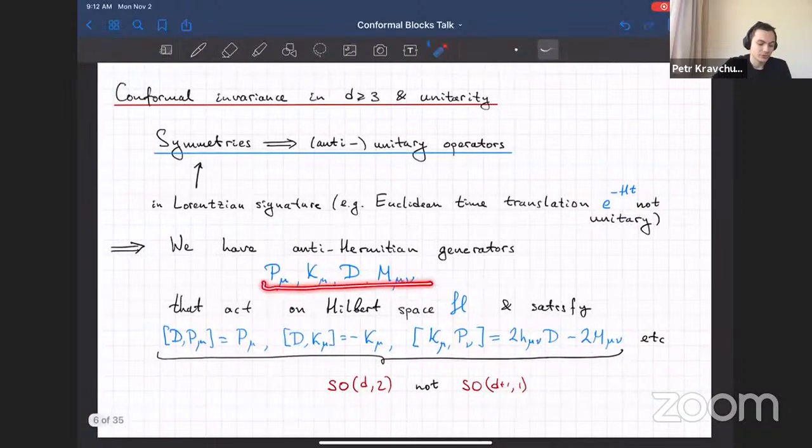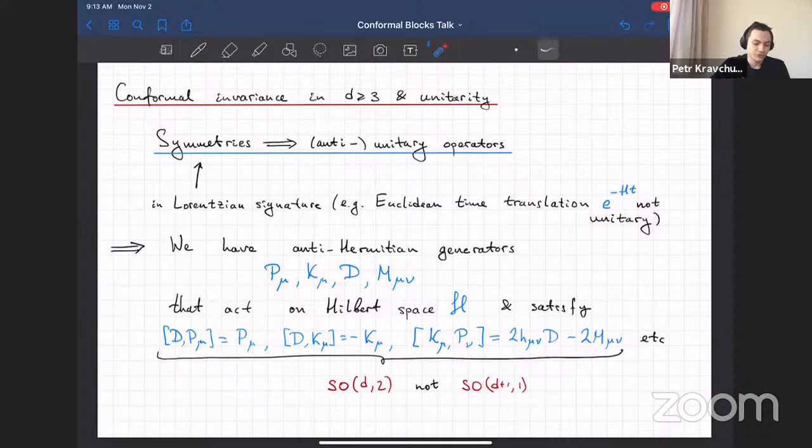These anti-Hermitian operators satisfy the algebra which comes from the algebra of vector fields, and this algebra is SO(d,2). It is SO(d,2) which acts unitarily on the Hilbert space, and not SO(d+1,1).